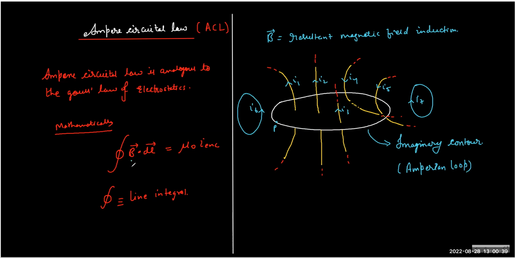So this B represents the B due to every possible contribution in the universe. In fact, I have shown 7. It may be infinite, which I haven't shown. So technically, B refers to the resultant B, and it will take the contribution from everyone in the universe, every current source in the universe will be responsible for contributing some B there.